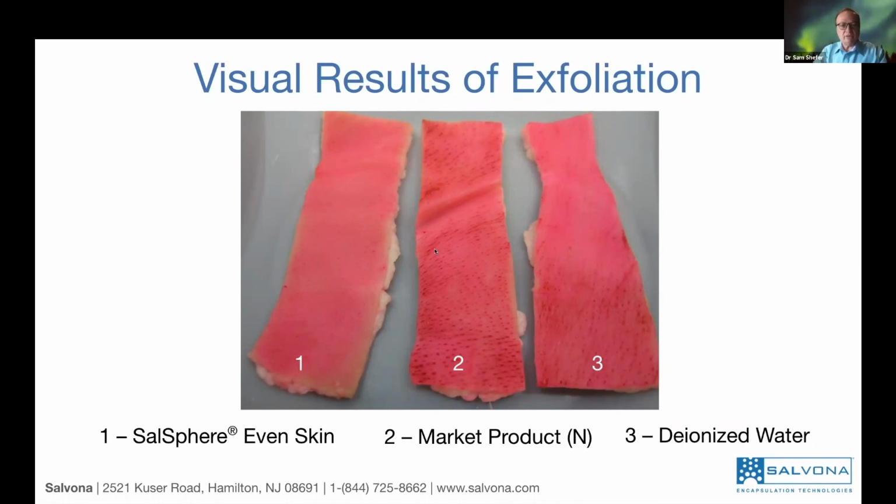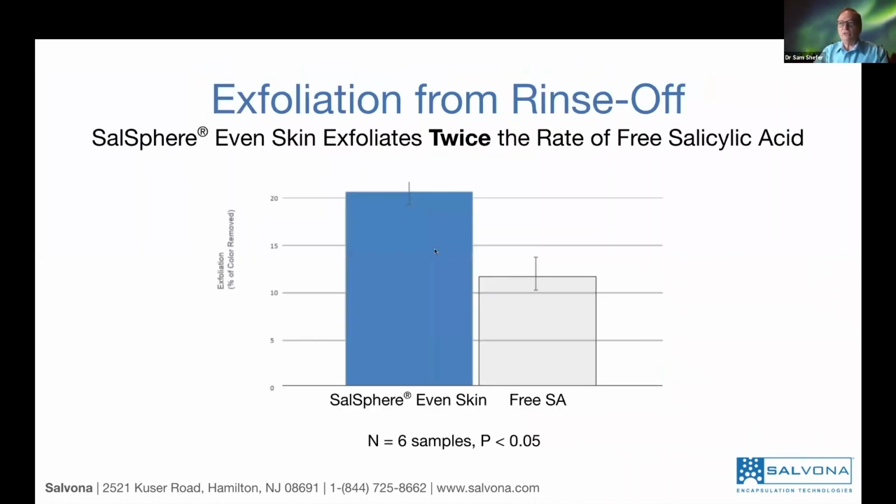And we also use machinery to determine the color intensity. This is now the data with the machine. So you see here, from a rinse off, this is the exfoliation, percent of color removed. Here is SalSphere Even Skin, and this is free salicylic acid. So let's start with free salicylic acid. It removed about 12%.